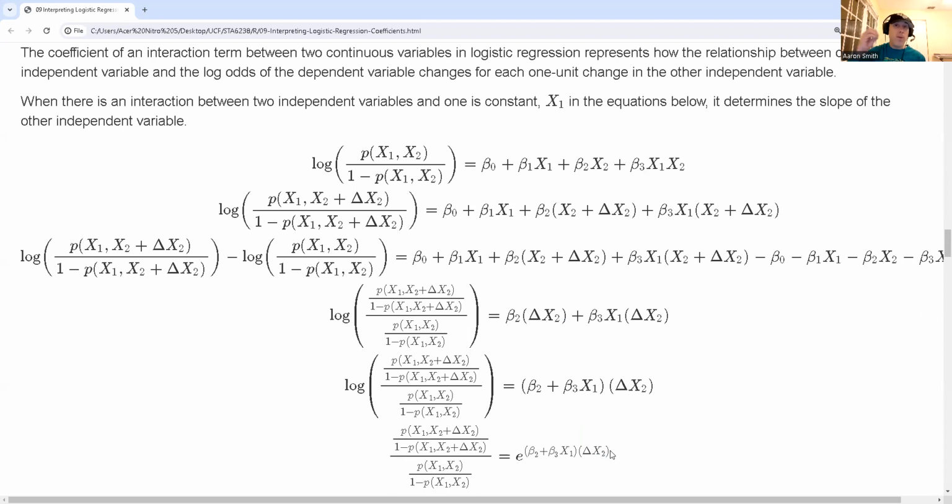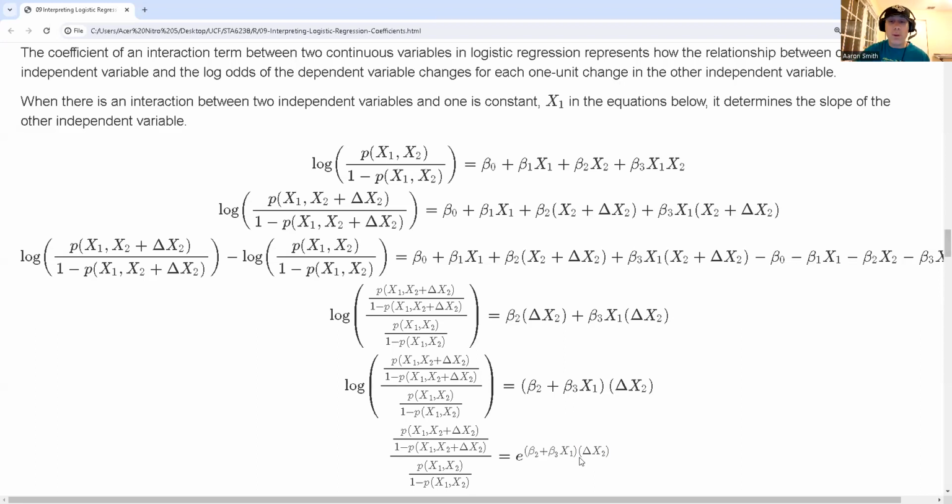So now remember previously when we looked at the continuous random variable aspect, I had a delta x in there, and that delta x was, we were interpreting what's going on with its coefficient. So what this shows us is that we're in the exact same situation we were in before, but the coefficient of x2 changes with the value of x1.